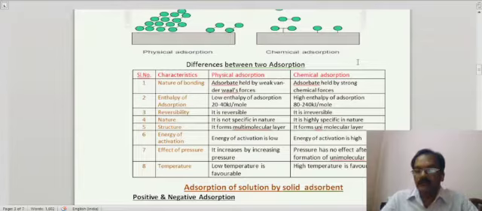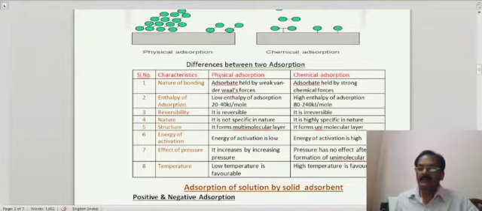Adsorption increases with an increase in pressure, and pressure has no effect after the formation of a unimolecular layer. That means, if you take a gas that is to be adsorbed on the surface of a solid, when you increase the pressure of the gas, more and more molecules approach the adsorbent, so adsorption goes on increasing.